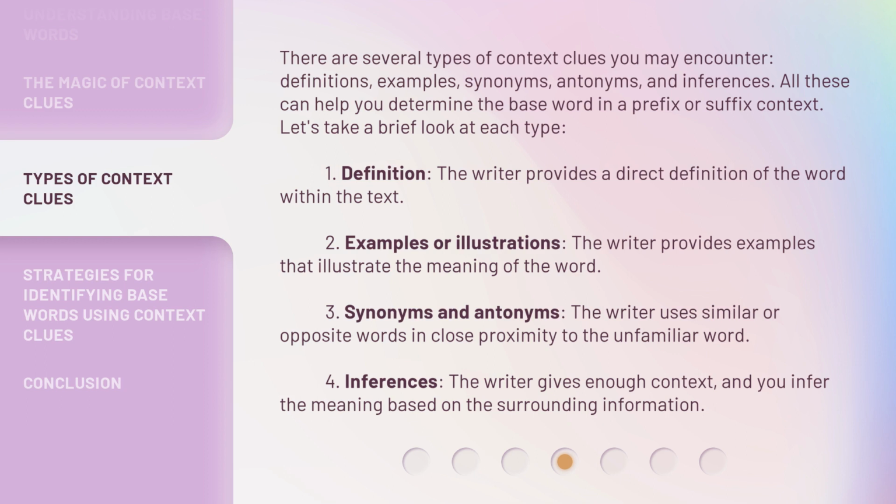Examples or illustrations. The writer provides examples that illustrate the meaning of the word. 3. Synonyms and antonyms. The writer uses similar or opposite words in close proximity to the unfamiliar word. 4. Inferences. The writer gives enough context, and you infer the meaning based on the surrounding information.